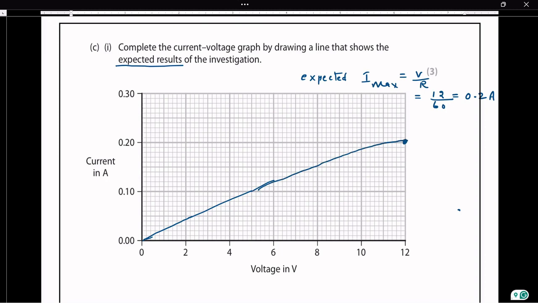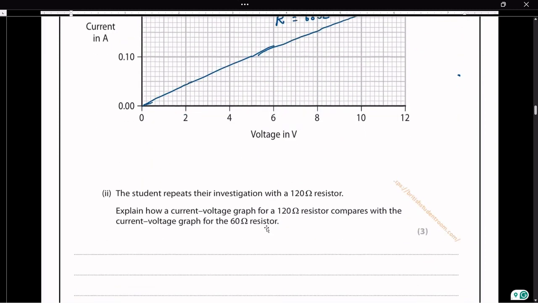This graph is for R equals 60 ohms. This is the expected graph, and this is very important: 0.2 amps for 60 ohms.